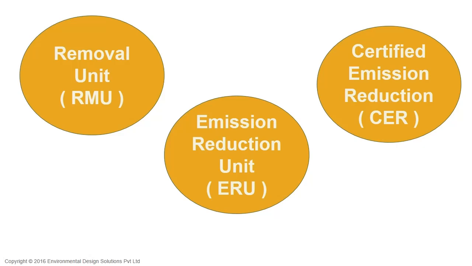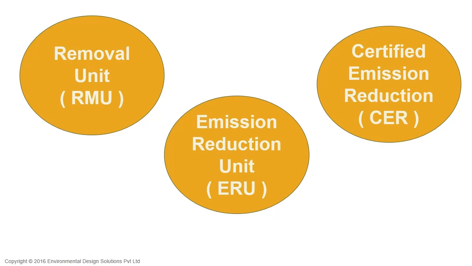The second unit is an emission reduction unit, or ERU, which is generated by a joint implementation project. A certified emission reduction, or CER, is the next kind of unit, which is generated from a clean development mechanism project activity.